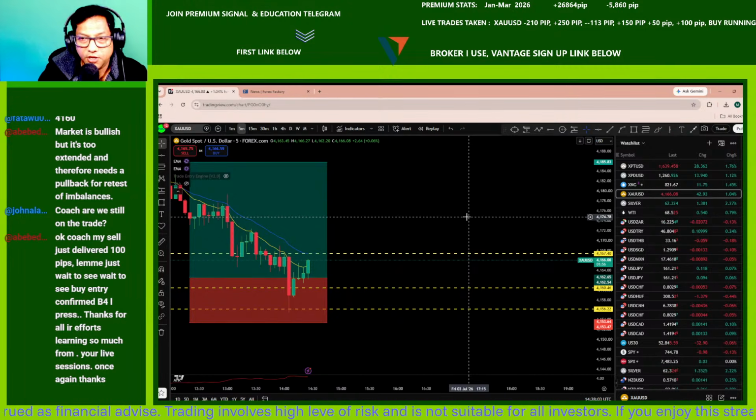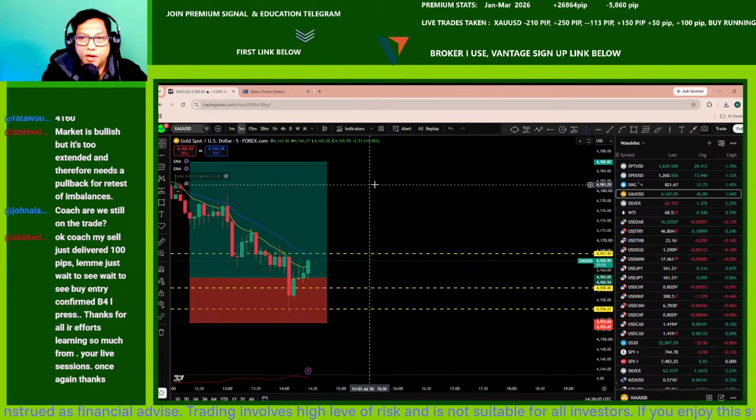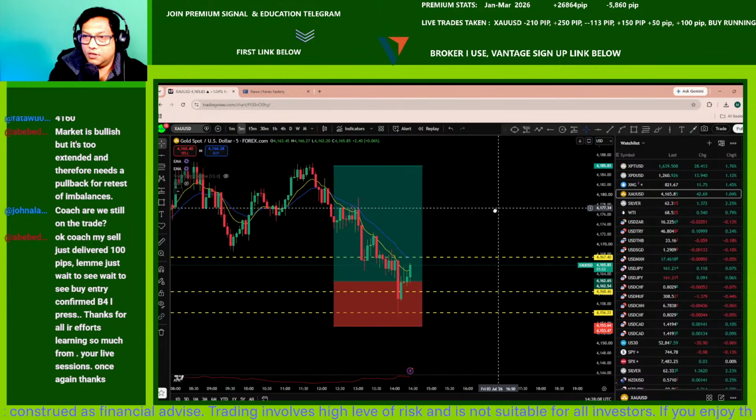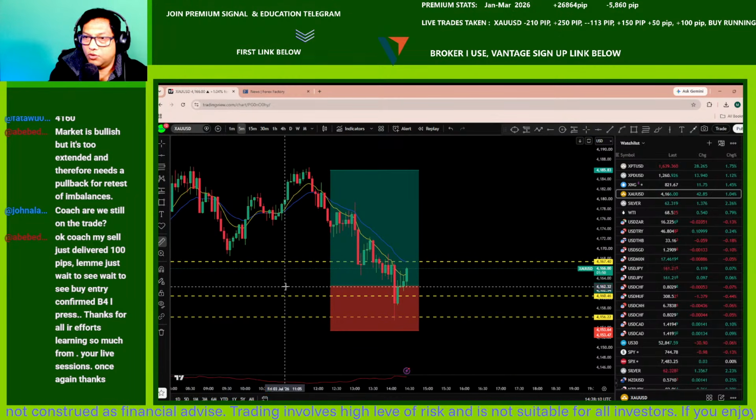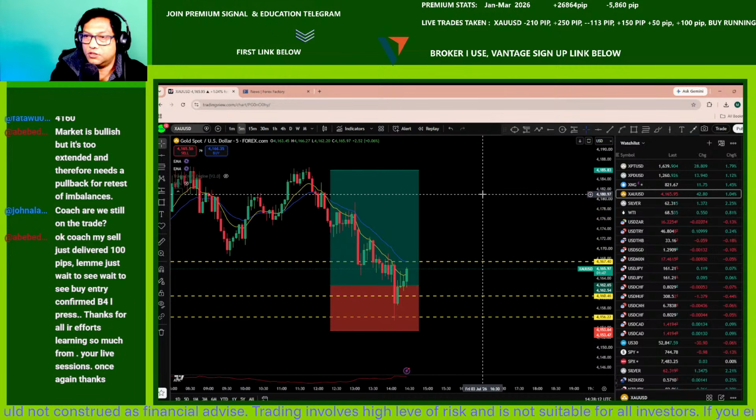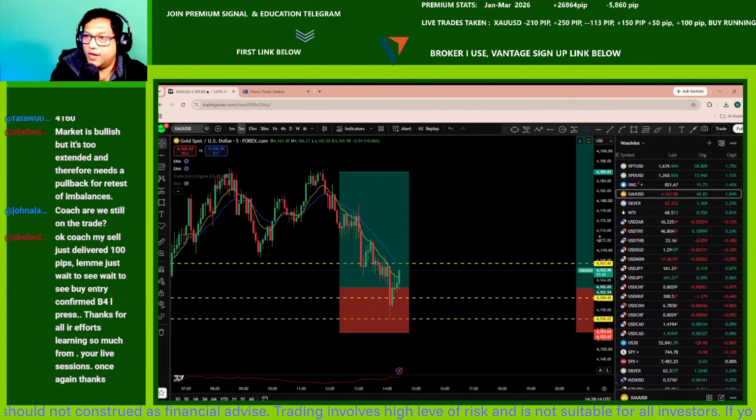It's pushing up. And we might see that if you look at this one successfully going up, we'll be able to see a 232 pip move back to the upside.